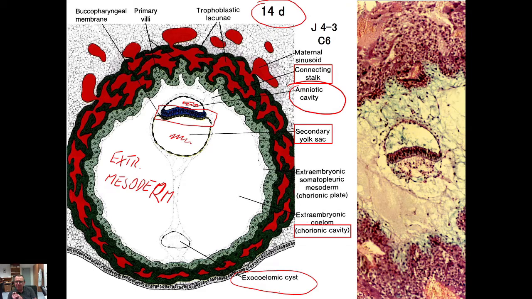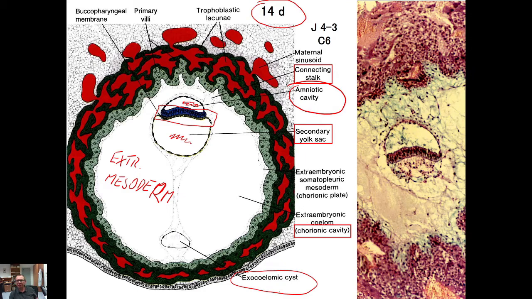The extraembryonic mesoderm at the moment of its development was a quite compact layer, but during the growth of mainly extraembryonic structures, trophoblast, trophoblastic lacunae, which are filled with blood, and so on, this compact extraembryonic mesoderm splits into two layers, and a space is developing between them, and this space becomes very big.